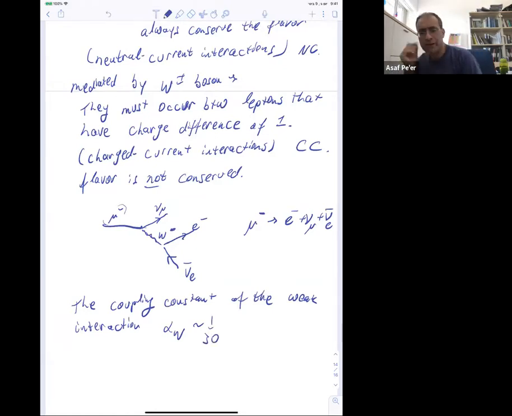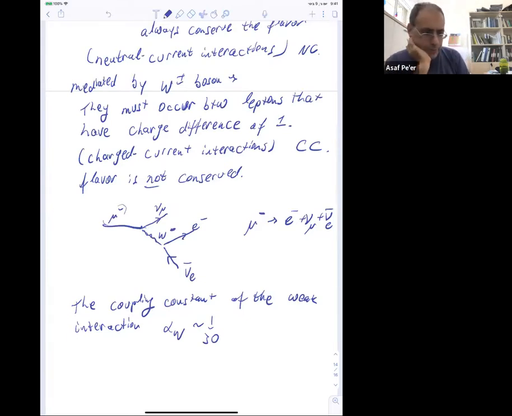So naively, you would expect that weak interactions would be much stronger than electromagnetic interactions. But this, of course, is not what happens. Stronger means that you would expect to see many more weak interactions than electromagnetic interactions. Of course, it's the other way around. And the reason is that the W and Z bosons are very massive.